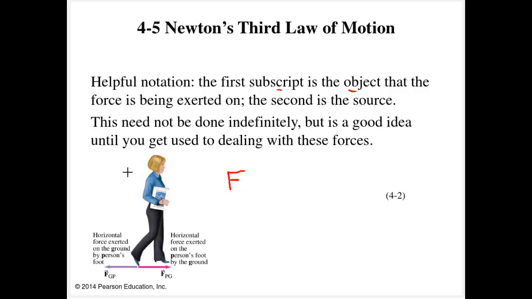So if you consider somebody walking right here, the force on the ground due to the person, ground being the object, person being the source, is going to be right here in this direction, and the force on the person due to the ground can be written like that.